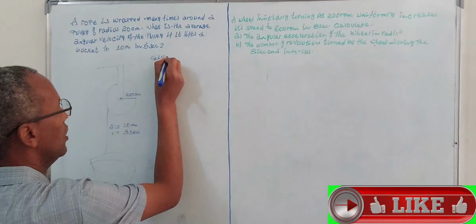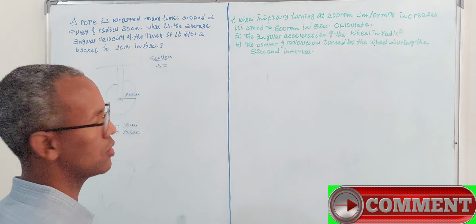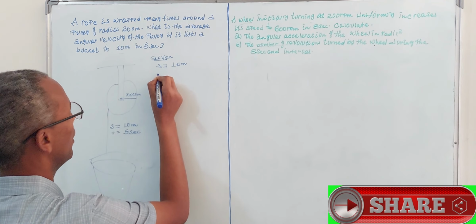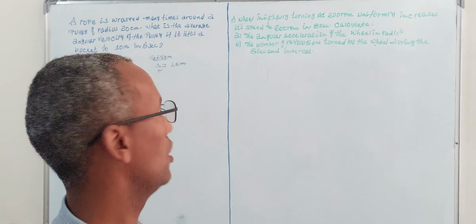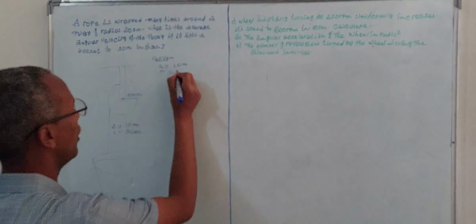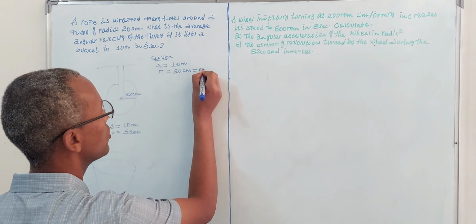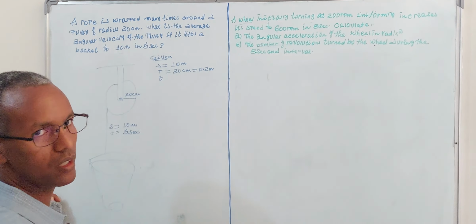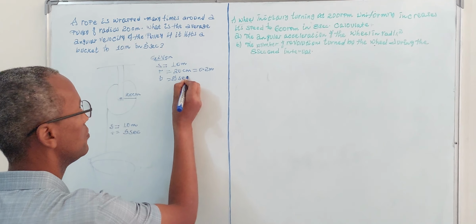So given: we have a linear displacement equal to 10 meters, and the radius of the pulley system equal to 20 centimeters, meaning 0.2 meter, right? And then we have a time taken equal to 5 seconds, right?